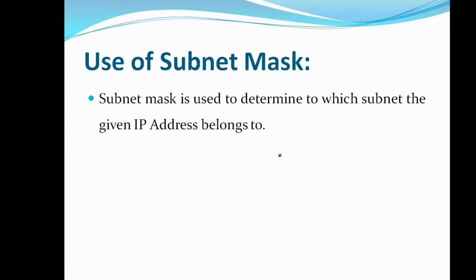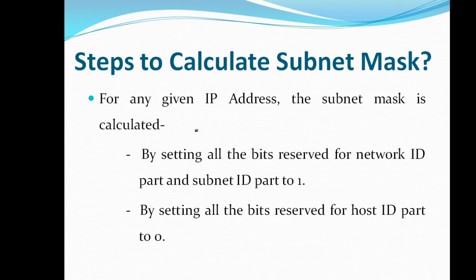The main use of this subnet mask is that with its help, we can determine to which subnet the given IP address belongs. So we use these subnet masks to identify the subnet to which the given IP address belongs. Here are the steps to calculate the subnet mask for a given IP.